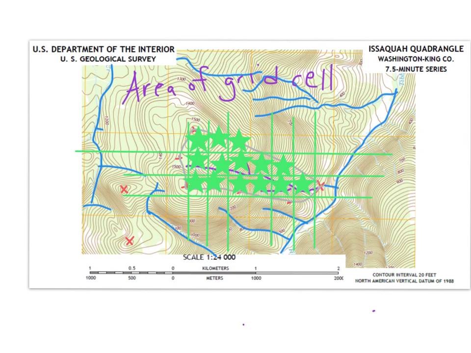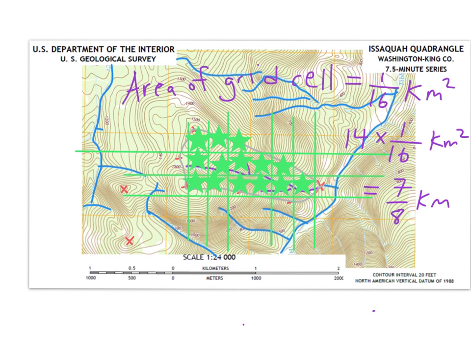It's not writing very well. That is equal to 1/16 kilometers squared. So my area is 14 times 1/16 kilometers squared, which is 7/8 of a kilometer squared, or about 0.88 kilometers squared.